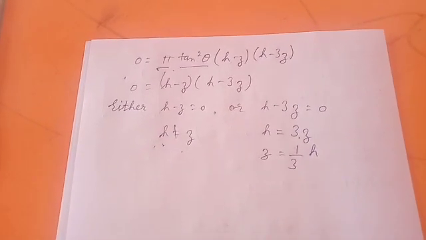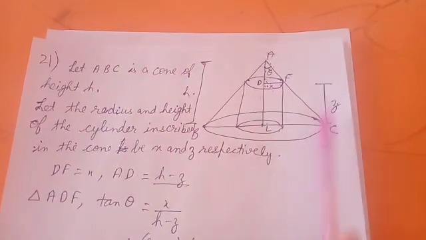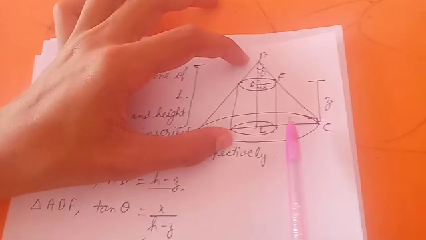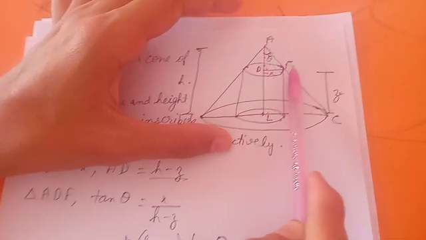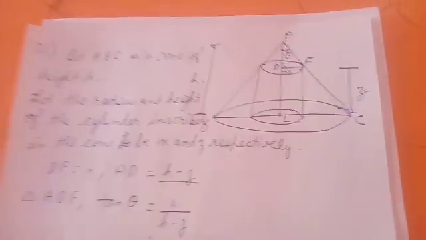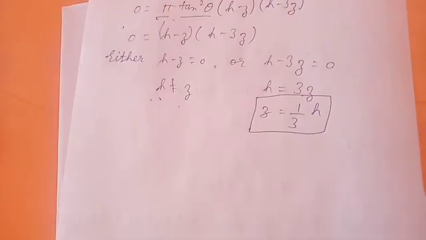Why? Because if this height h is equal to z, this cylinder will be of this size, but it is not possible because this distance is smaller than this, but the cylinder is not outside the cone. Okay, so that we will neglect. So what we get is that height of cylinder is 1 by 3 of height of cone. Understood this point?